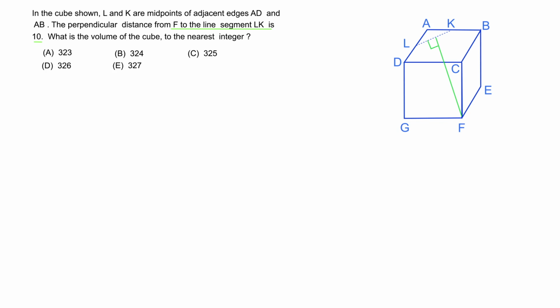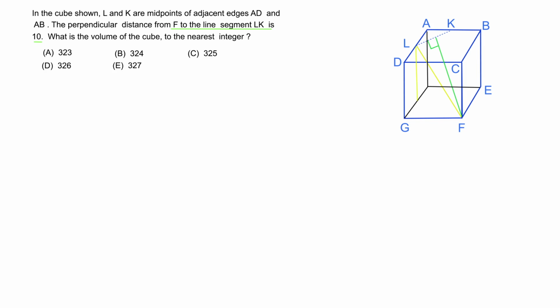And now I will draw in a few more lines that I will need to use later in the question to figure out all the lengths and therefore eventually the volume of the cube. So the next line is from L down to F. Now I will draw a line from L down to the bottom like that.